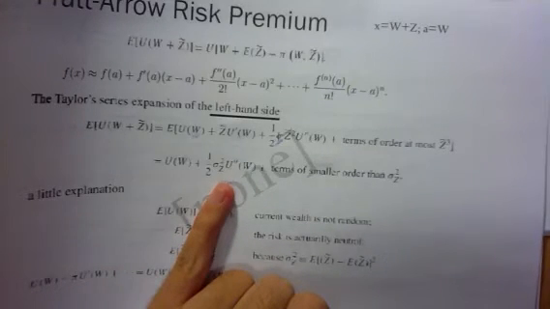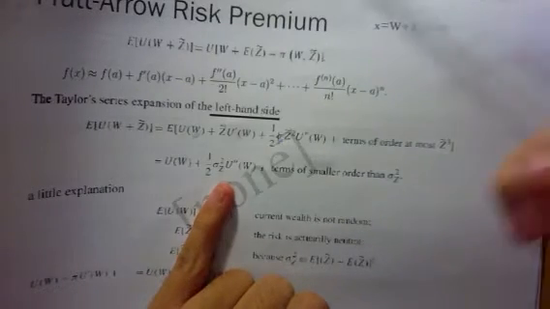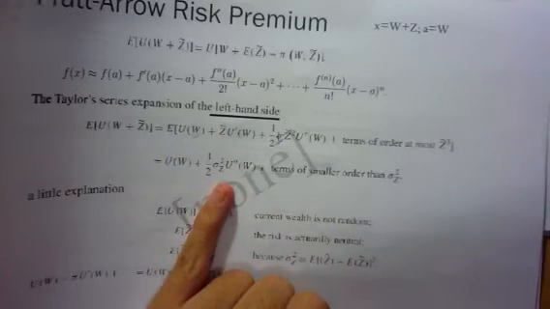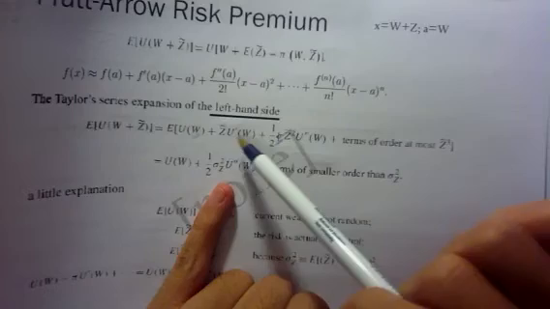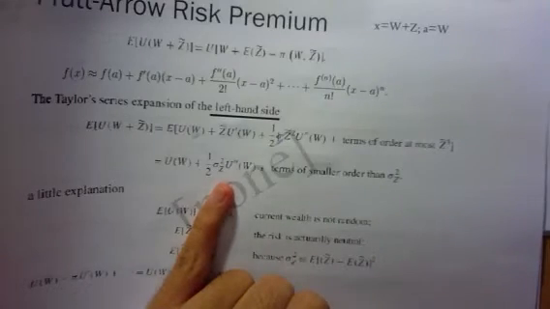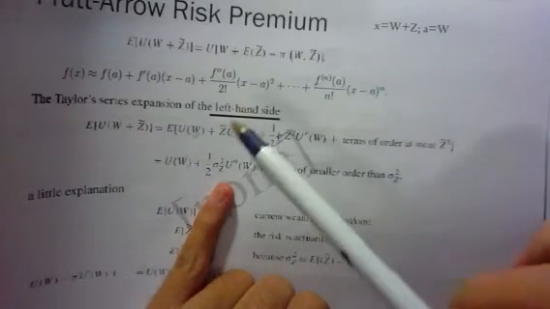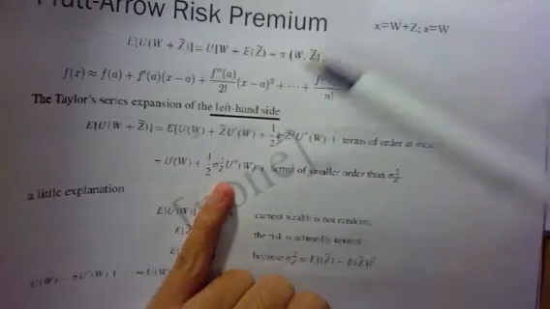Because it's an actuarially neutral gamble. So the expectation of the gamble z should be 0. 0 multiplied with the first derivative of w. This term becomes 0, so it's gone.